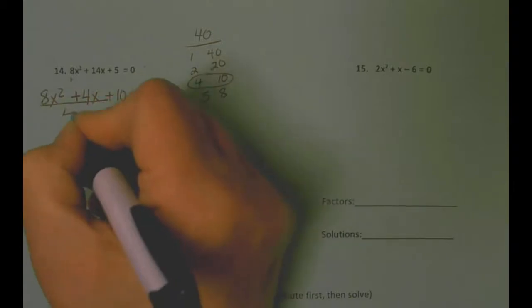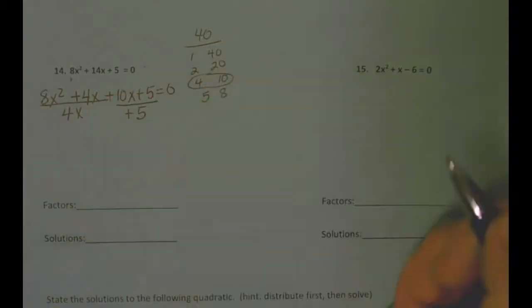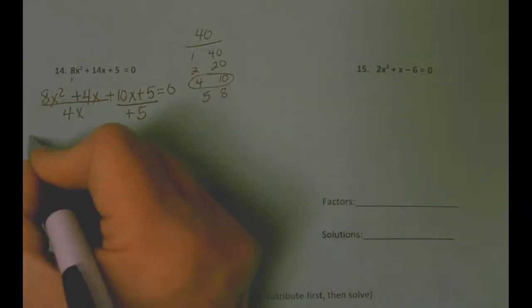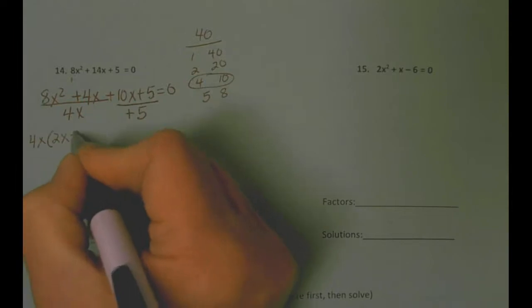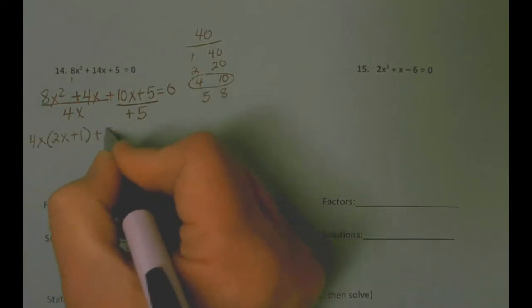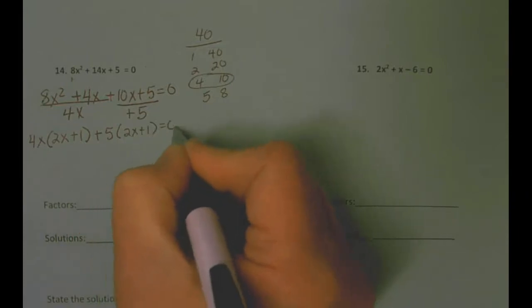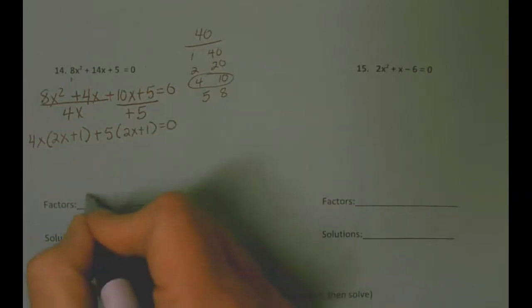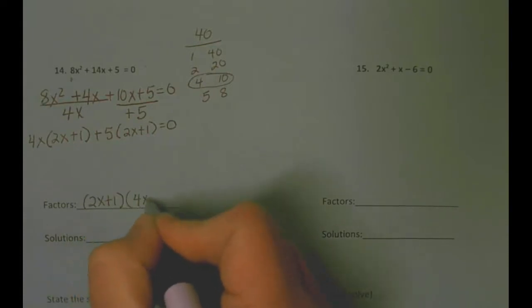This has a GCF of 4x. This has a GCF of positive 5. So I factor out the 4x, 2x plus 1, factor out the 5, 2x plus 1. So the factors are 2x plus 1 and 4x plus 5.